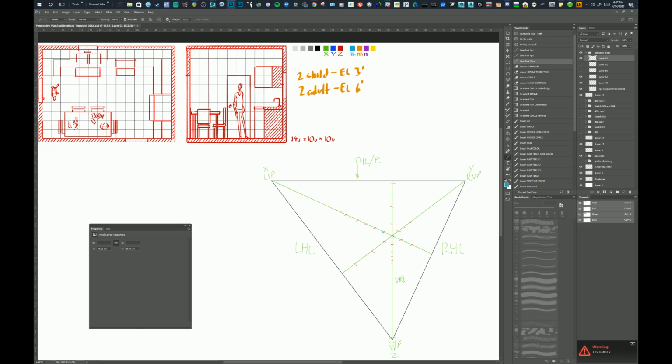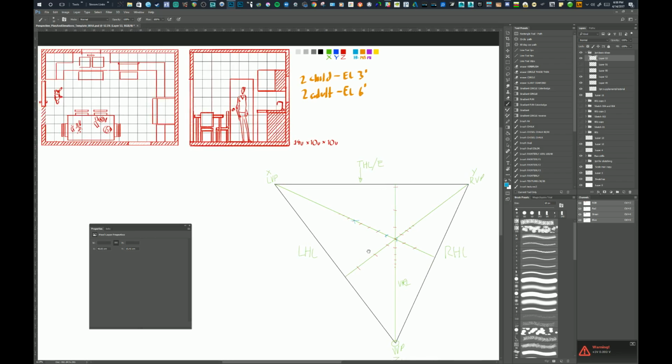Now we need the back corner, which is now 3 units to the left. So that's 1, or actually if this is 2 units back and to the left from center, right? Then this is 3 more. So we have 1, 2, and then 1, 2, 3 to add to the back of the table. So that's where it would be at there.